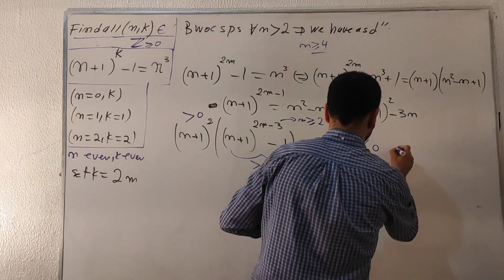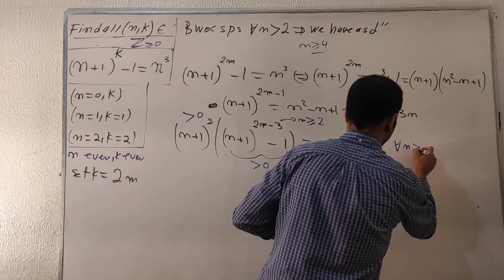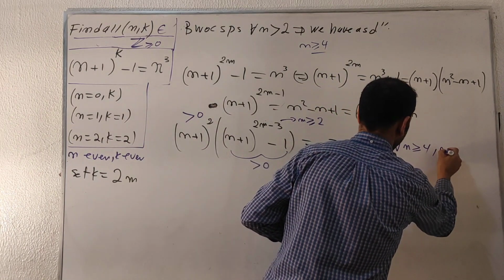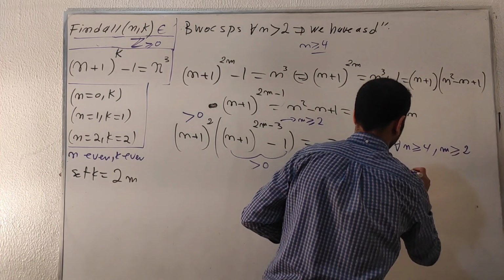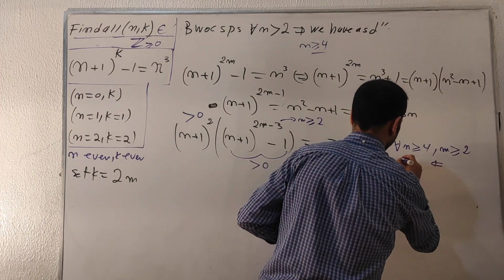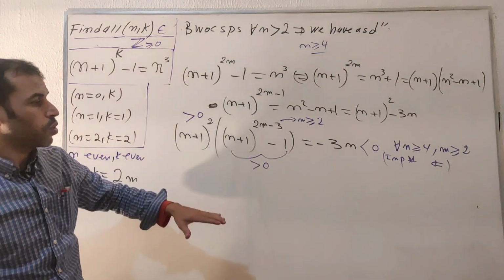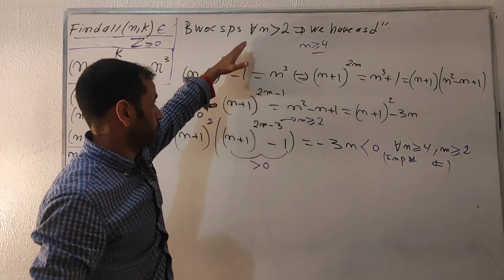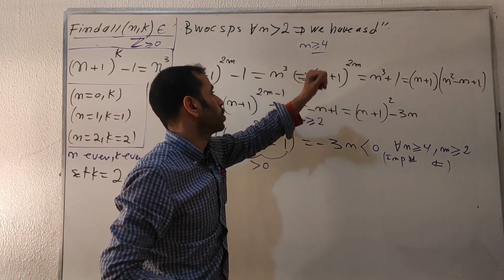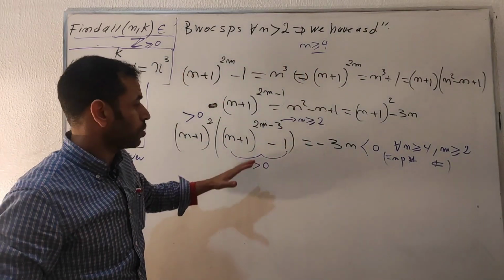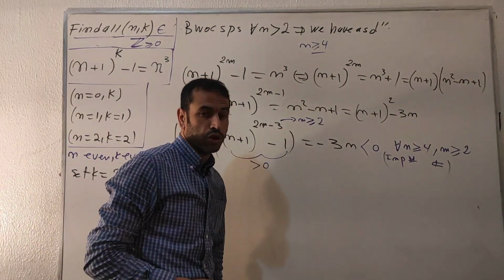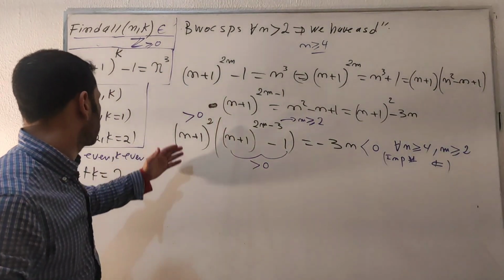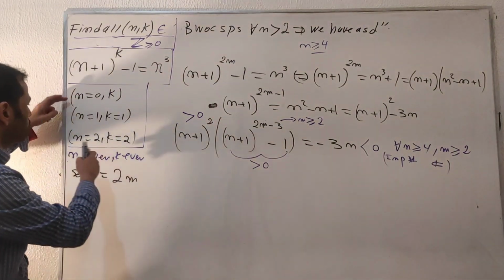This is for all n greater than or equal to 4 and m greater than or equal to 2. It's impossible. Now, while we have a contradiction, we have contradicted our assumption because we have chosen n greater than or equal to 4 to have a solution for this equation, but at the end we found a contradiction, which means the only solutions that we have are only these 3 solutions.